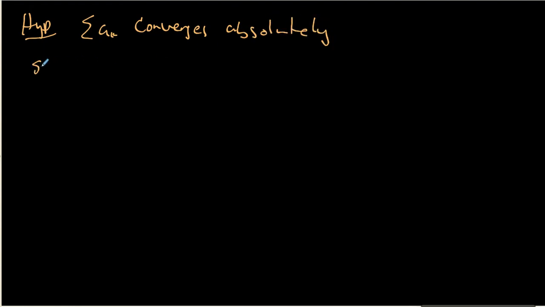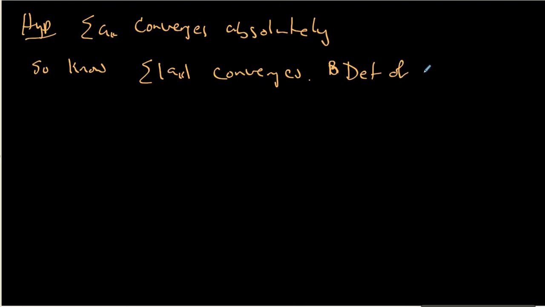So what that means is that we know that the series of absolute values converges, because that's just the definition of absolute convergence.